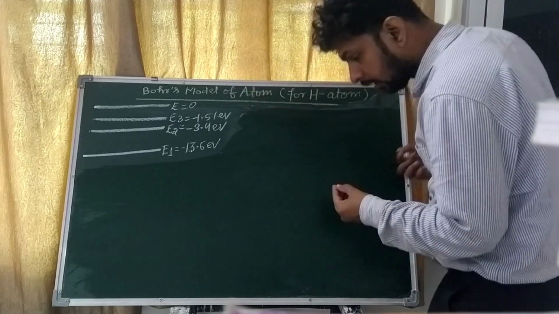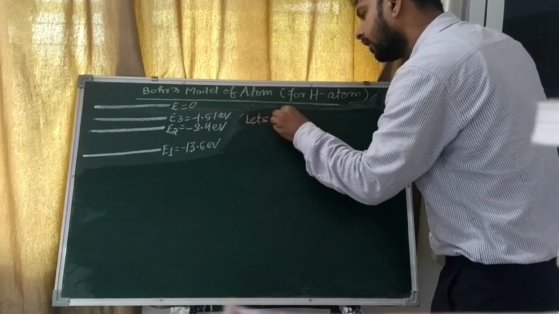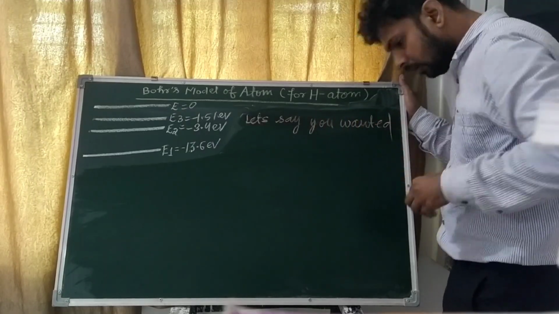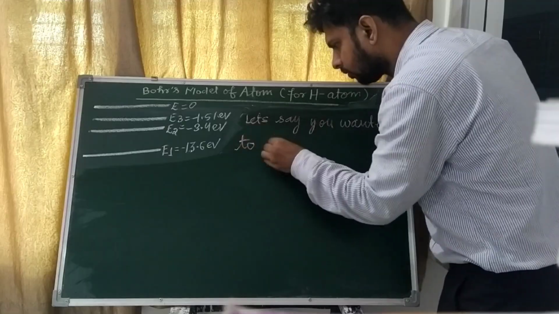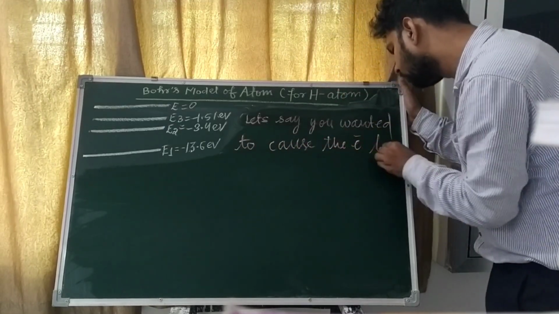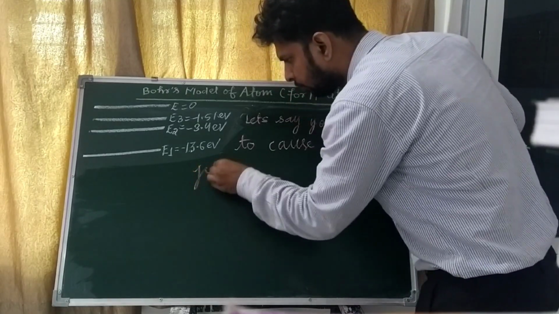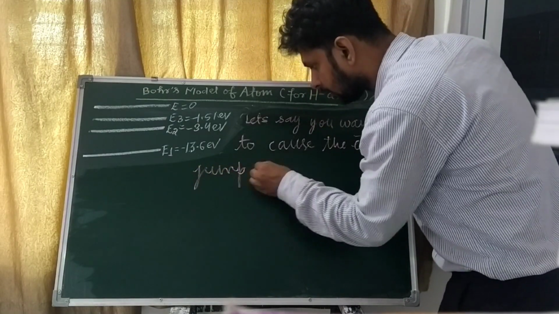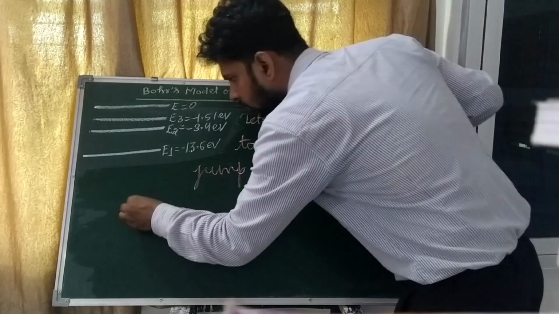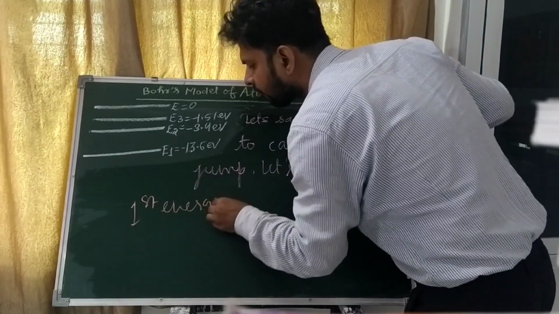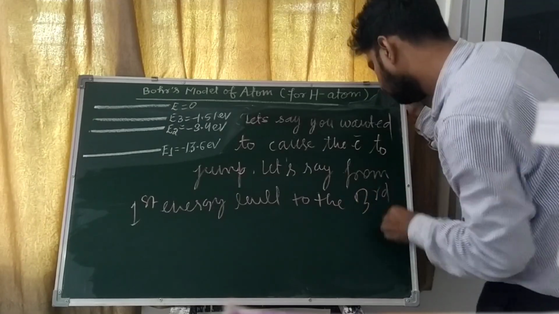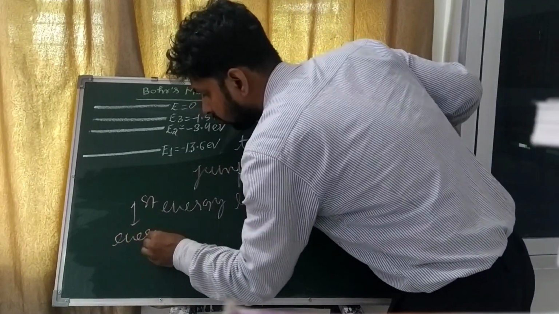Now let's say you wanted to cause the electron to jump from first energy level to the third energy level.